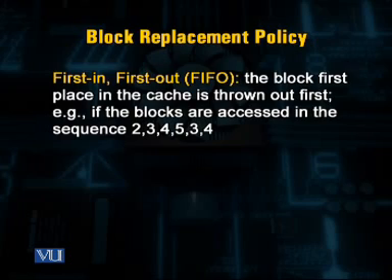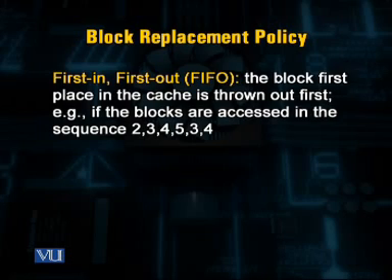If the sequence is that block number 2, then block number 3, then 4, 5, and then 3 again, and then 4 again, then to replace a block, block number 2 will be thrown out first because it is the one which was placed in first, and it is the oldest accessed block in the sequence.